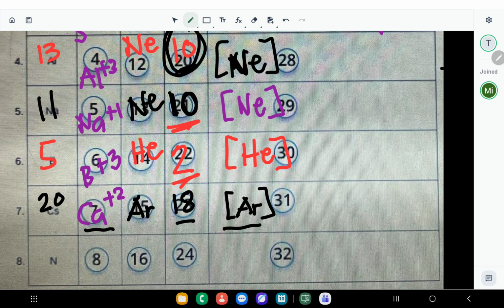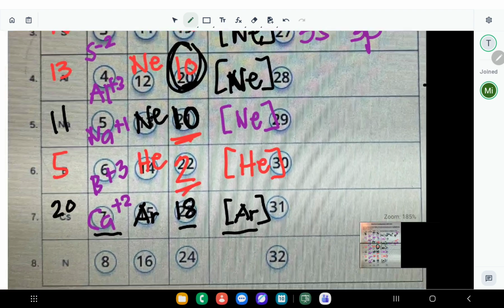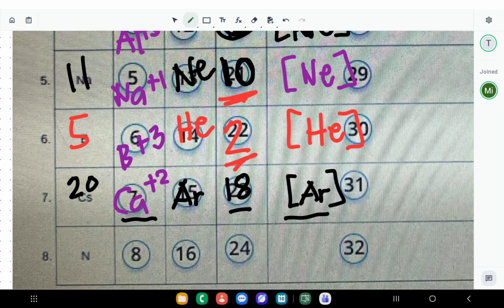The last one is nitrogen. Yeah, nitrogen. What is the charge or the ion of nitrogen? Is it nitride? So minus 3. So what is the number of electrons of nitrogen?